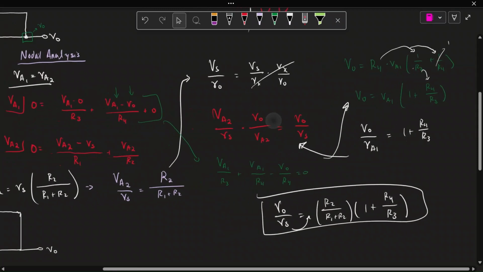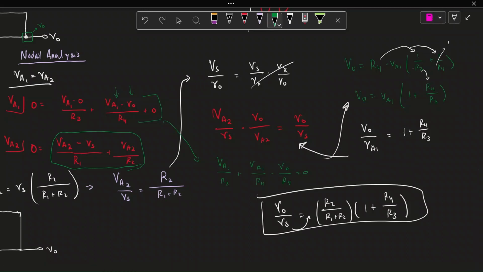So that would be your answer here. If y'all had any questions about this part, you could easily do VA2 in terms of Vs just by doing this here. In hindsight, this is probably much easier. You solve for Vs over R1, multiply by R1, and you would end up getting something like VA2 times 1 plus R1 over R2.